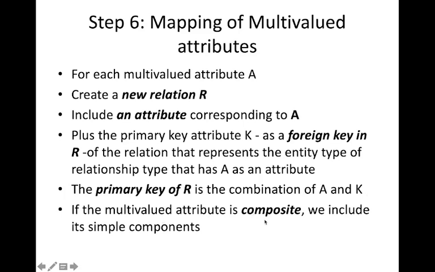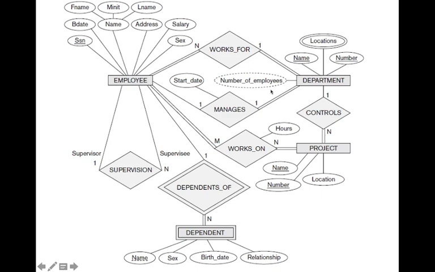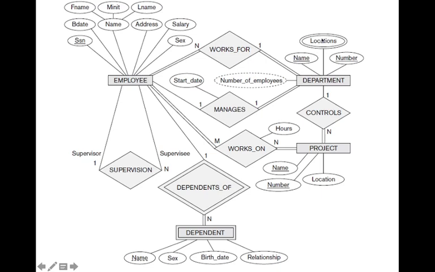And if the multivalued attribute is composite, we can make it into simple components also. We will see that example, how to convert these locations. So if there is a multivalued attribute, we have to form a new relation. We can name it department locations, a new table.